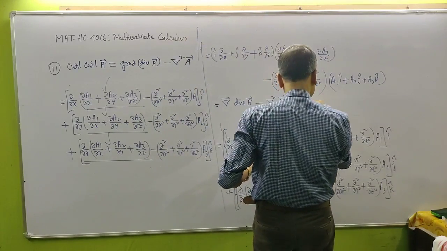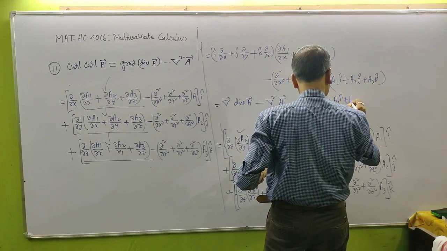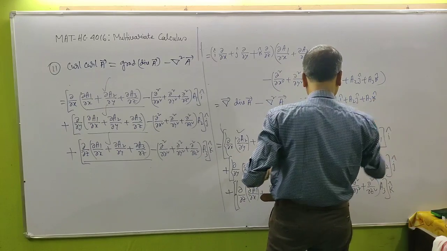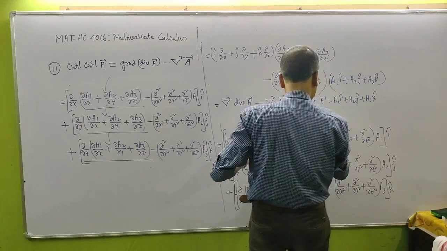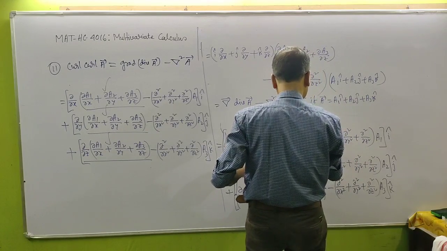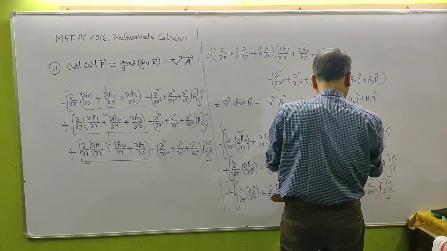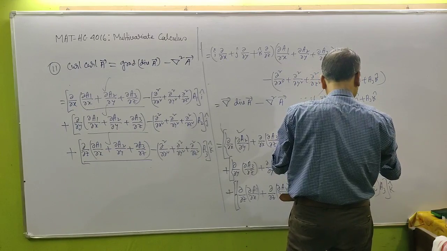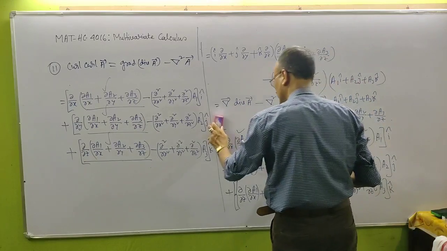Since if a equals a1 i cap plus a2 j cap plus a3 k cap, I have already proved this. Then divergence of a vector is equal to del a1 by del x plus del a2 by del y plus del a3 by del z, will be equal to this.